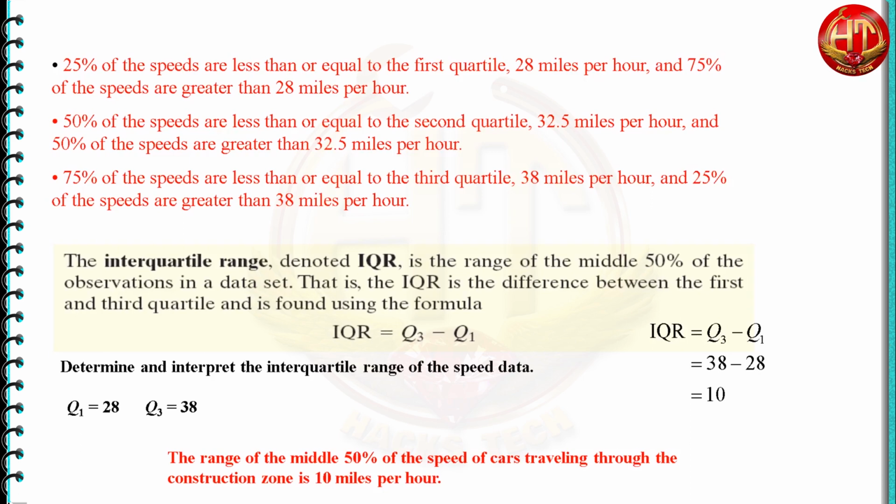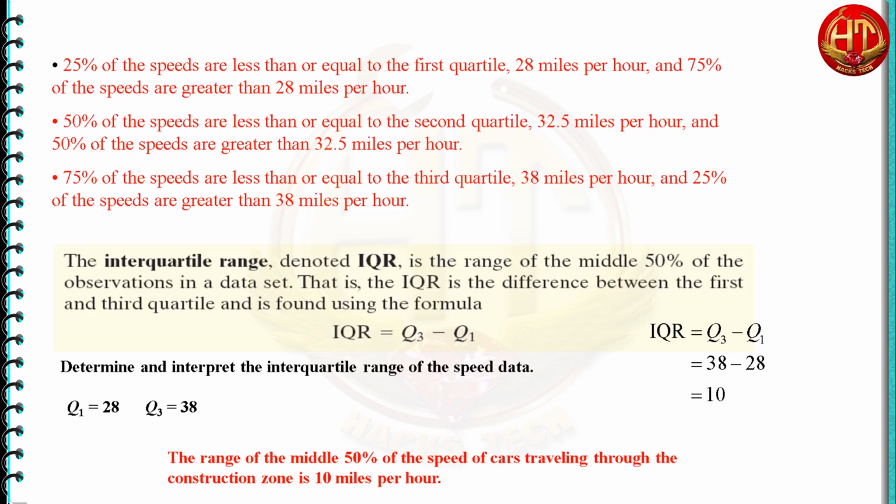So your first quartile answer is 28 and your third quartile answer is 38. Put these values in the above formula. Interquartile range is equal to Q3 minus Q1. So the Q3 value is 38 and the Q1 value is 28. 38 minus 28 is equal to 10.